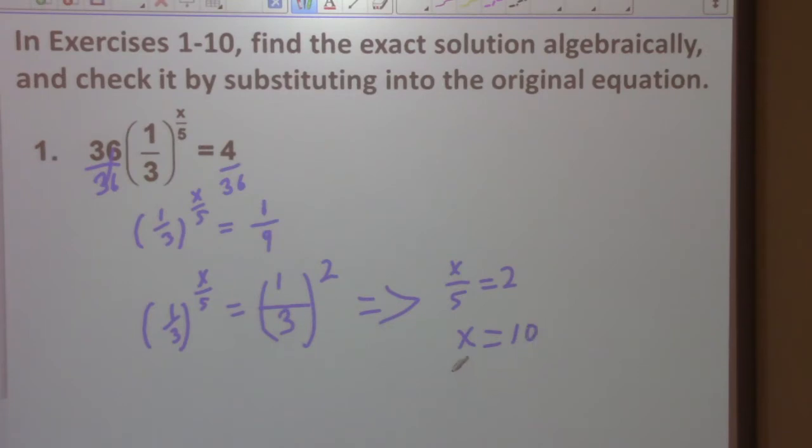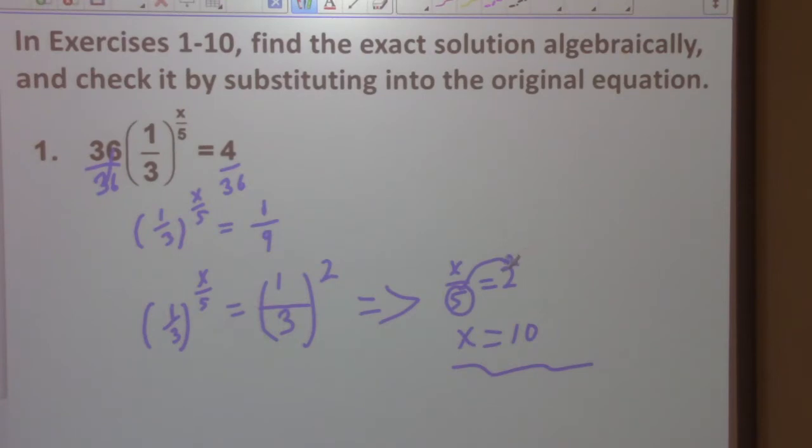Why would it not be 2x? What is your question? Why would it not be 2x plus 5, if you're cross multiplying? You're multiplying the 5 to get the x by itself. I guess that makes sense.